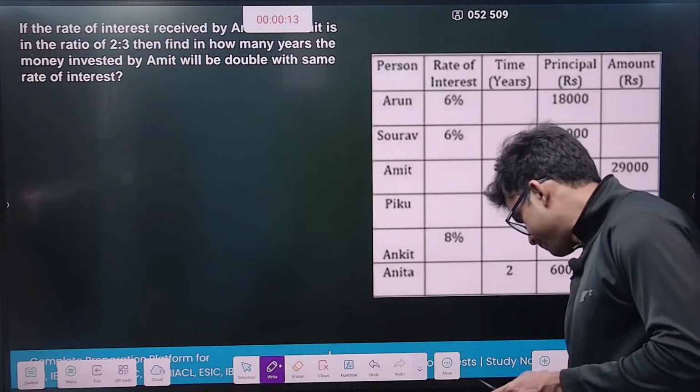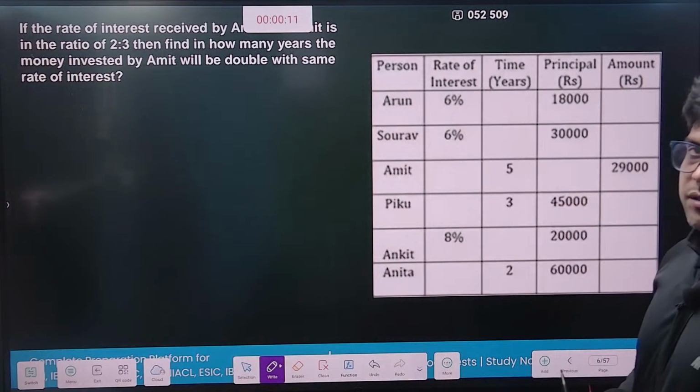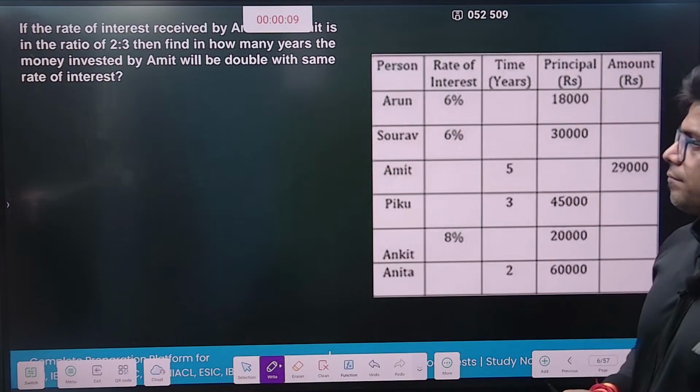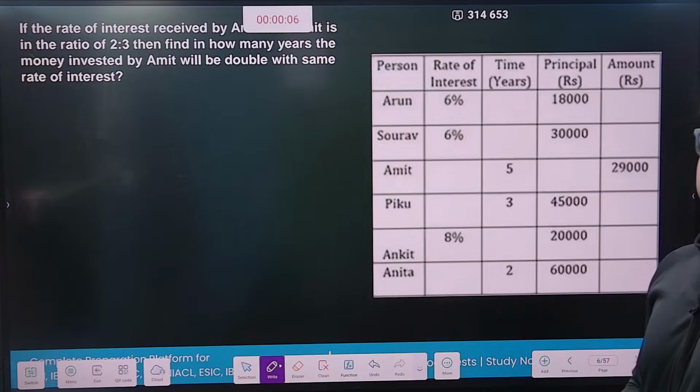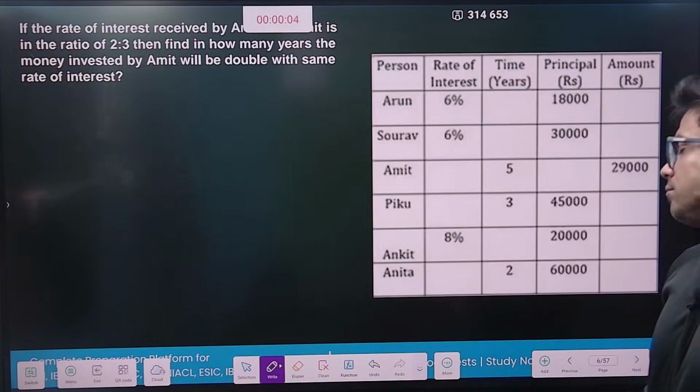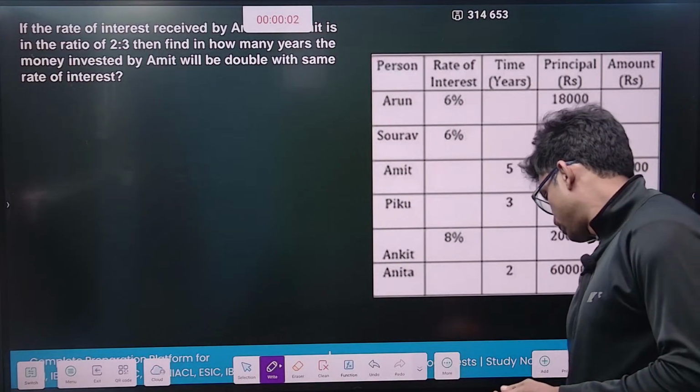Any answers? I thought you'll give me the answer, guys. 10 seconds left. Okay, fine.